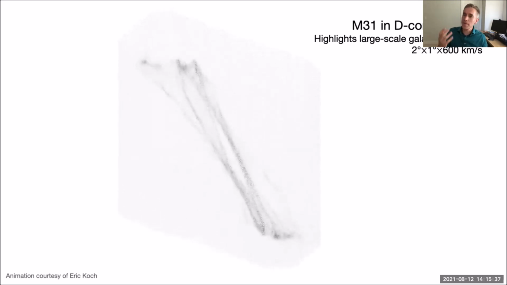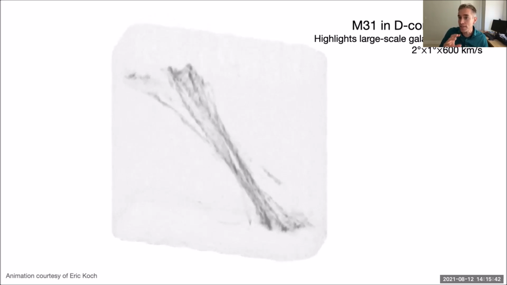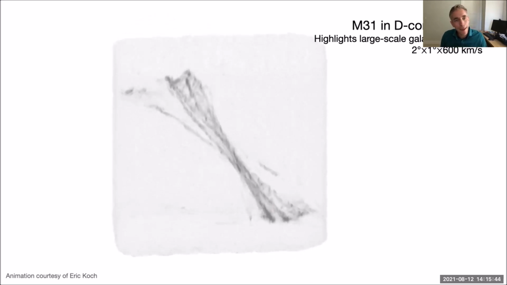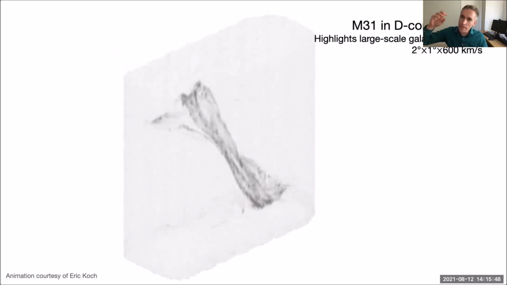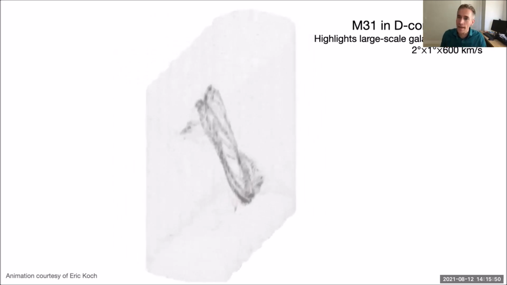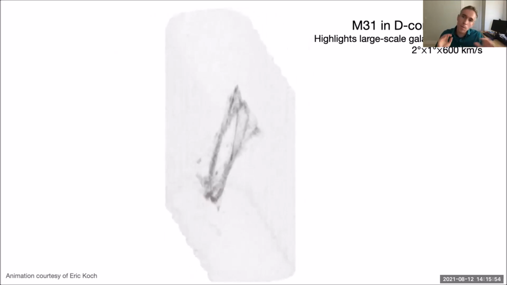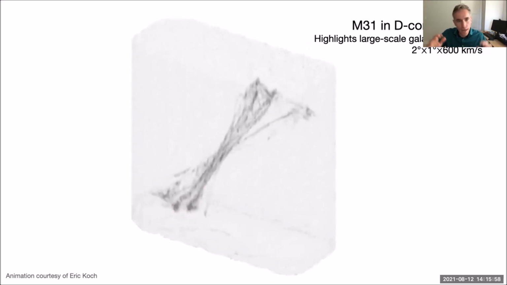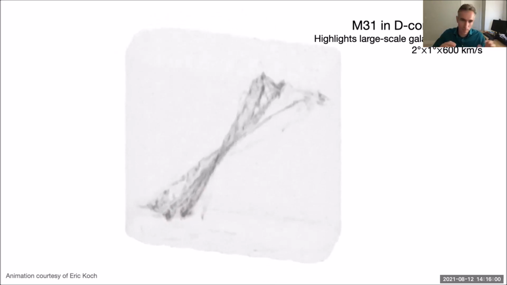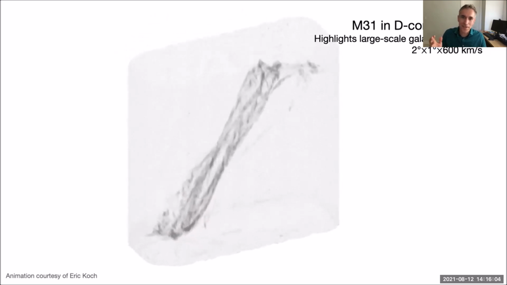And I'm giving you a little bit of an animation here so you can see the structure of the emission inside our data. And the first thing that'll probably strike you is that there's this tilt to the emission. And that's from the rotation of the galaxy. It's spinning, and so one side is moving towards us and one side's moving away from us. So we get a Doppler shift between the two sides. The next thing you probably notice is that there's a bunch of different rings here.